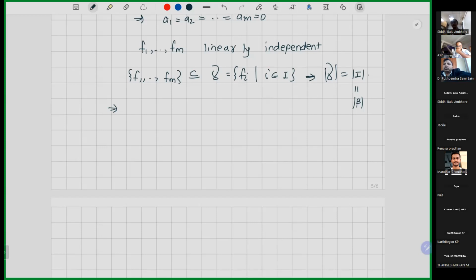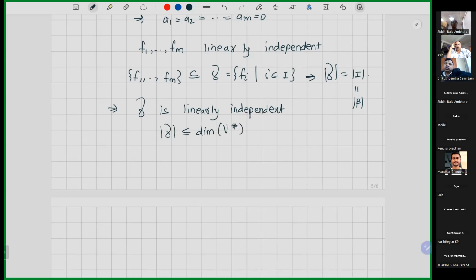For each element of beta, I am producing an element F_i, and this is true for any index i. We proved that gamma is a linearly independent set, so cardinality of gamma will be less than or equal to dimension of V star.